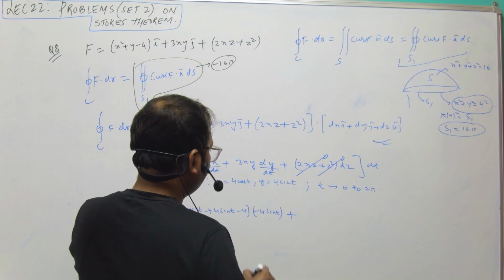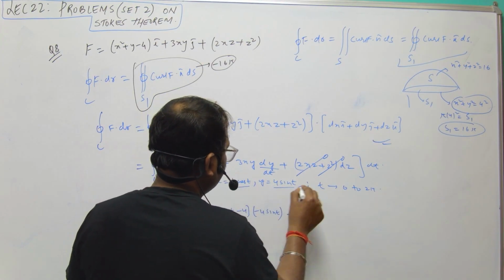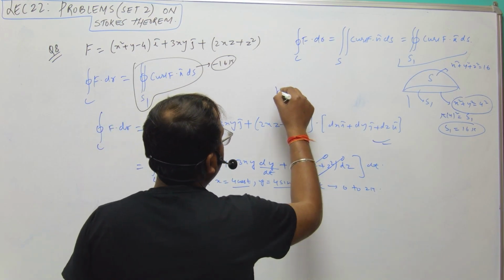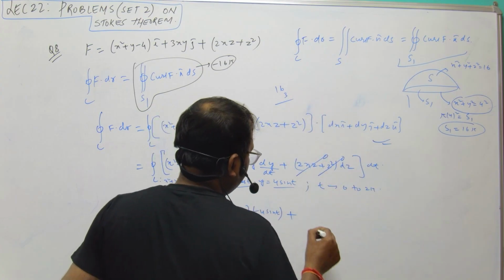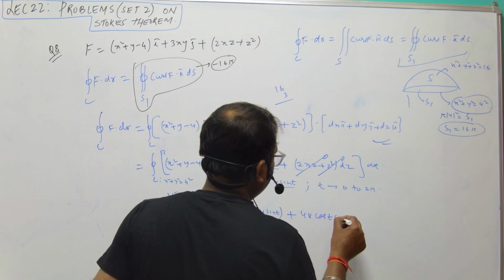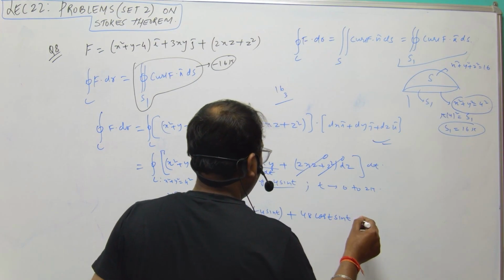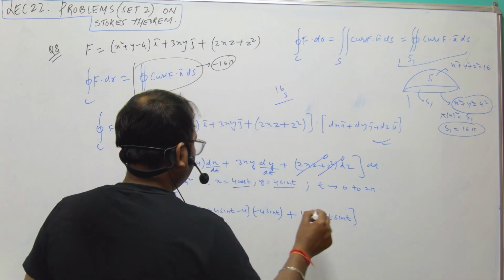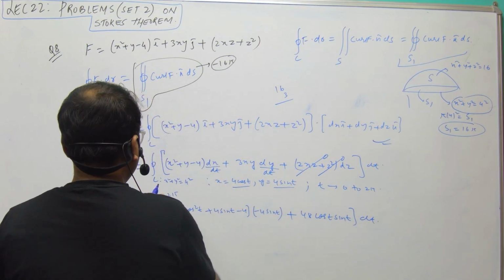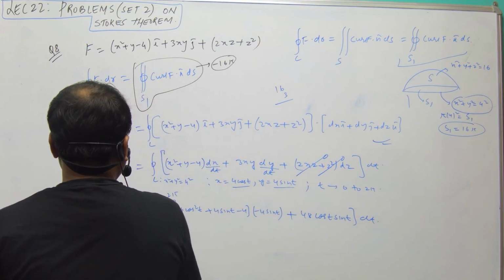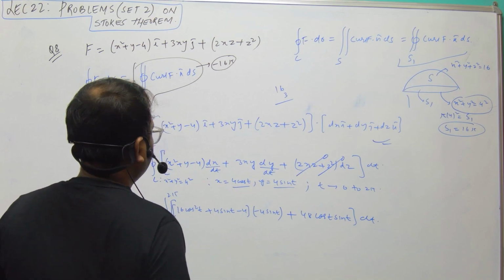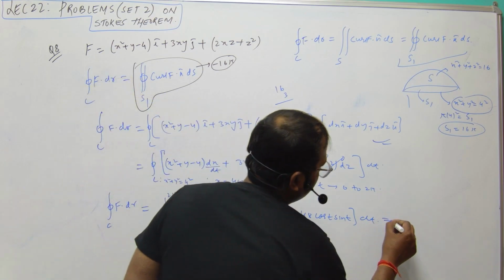So this is 4 cos t, this is 4 sin t, this is 16 cos t sin t, and 16 times of 3 is 48, so 48 cos t sin t, whole dt. This is the value of line integral along the curve C, f dot dr. On simplification we will get this as minus 16 pi.